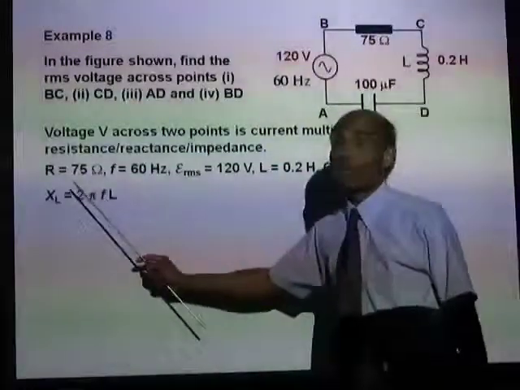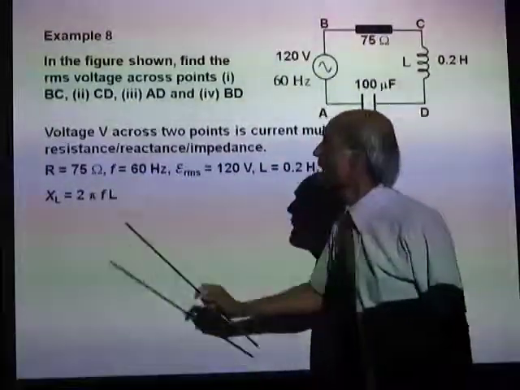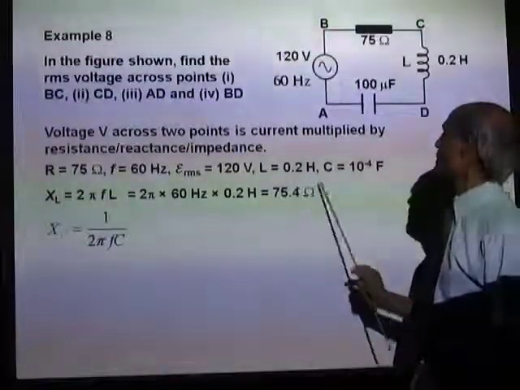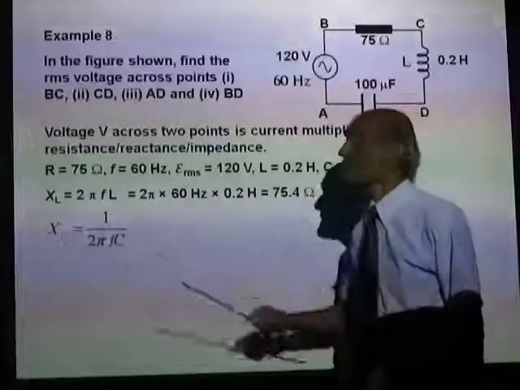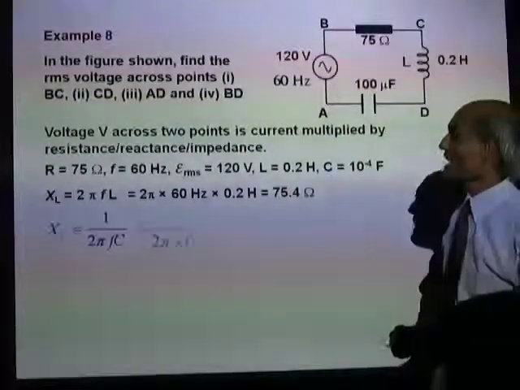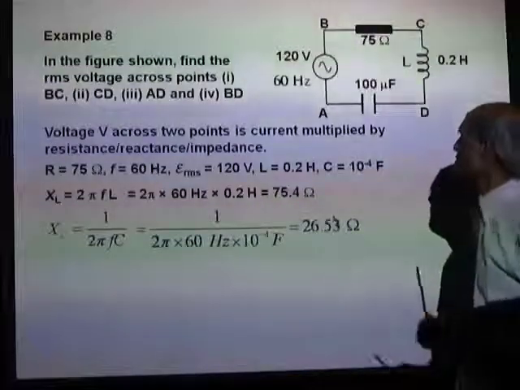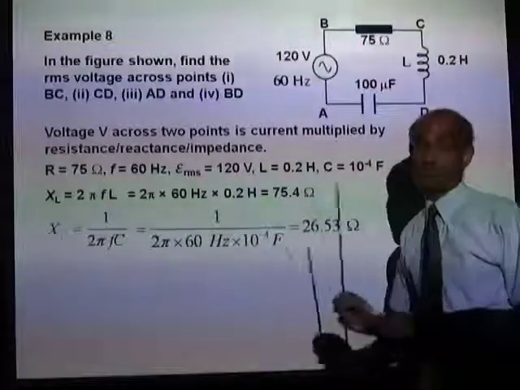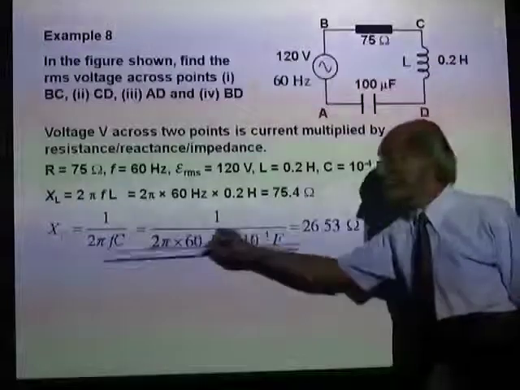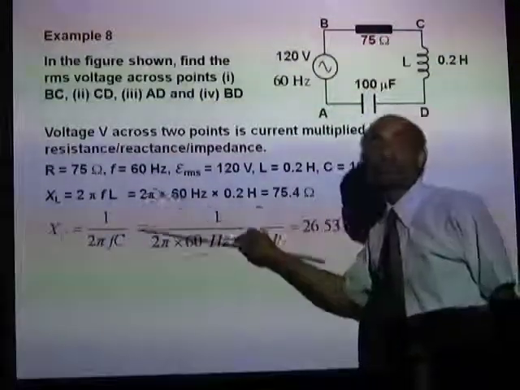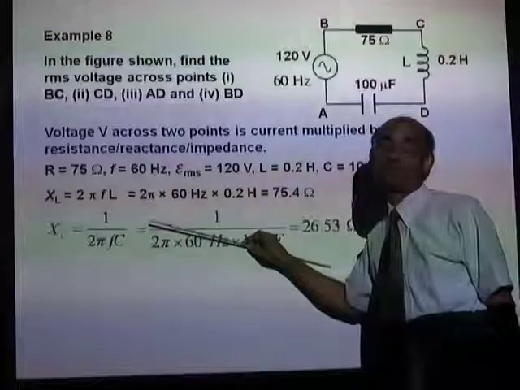Now, first of all, XL is 2 pi FL, and using the values, we get 75.4 ohm. And XC is 1 over 2 pi FC. Again, using these values, we have 26.53 ohms. Now remember, in the lecture, I'm really going fast with it. But you got to stay back and do these calculations on your own.